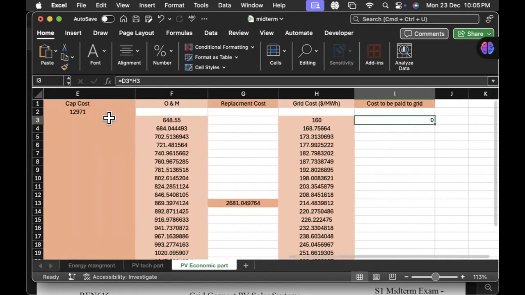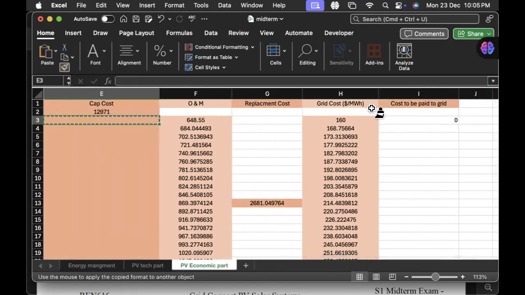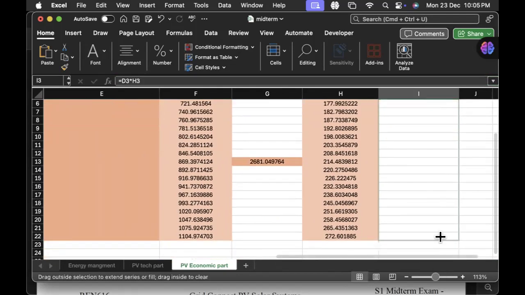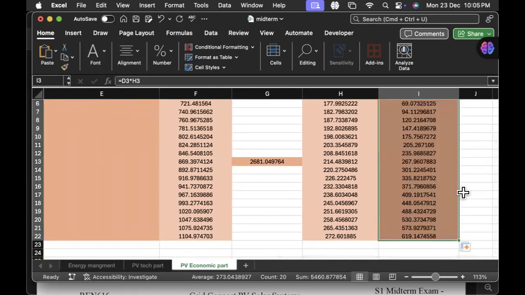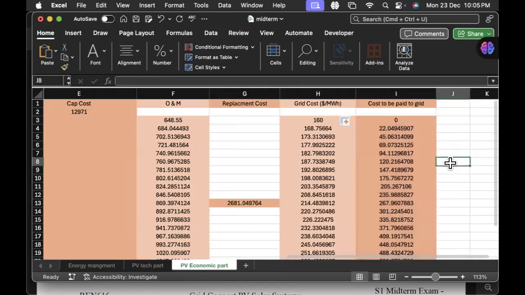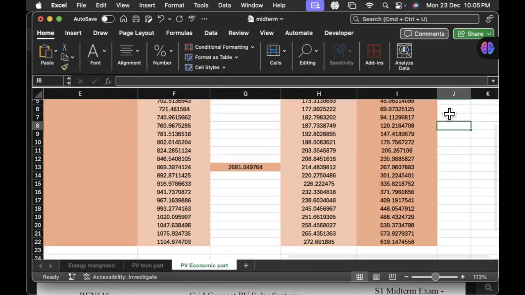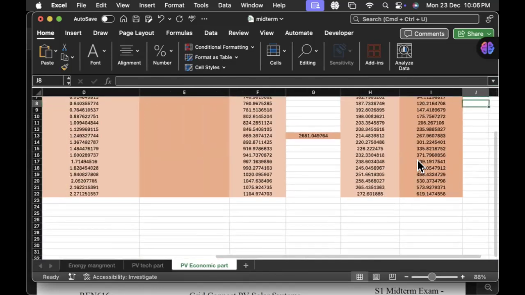So let's do it like that. Okay, so this is how much money you are going to pay per year across the lifetime of the system.